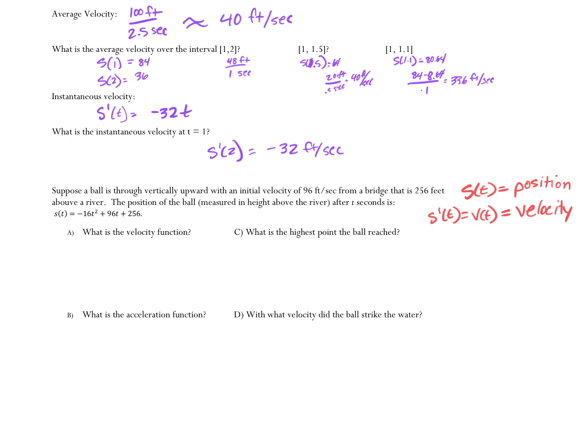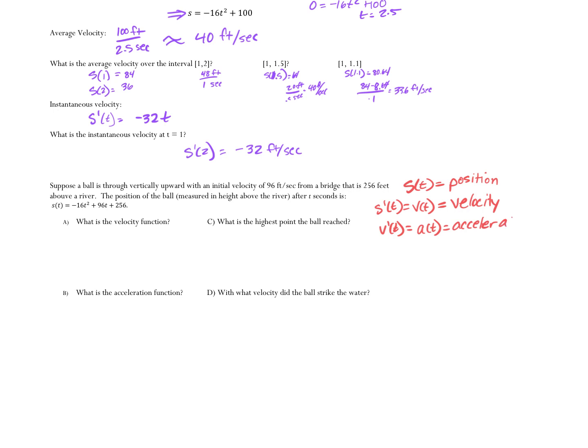What is v prime of t? That's describing how the rate of change of your velocity is your acceleration. I'm not going to make you go past that, but what is a prime of t?